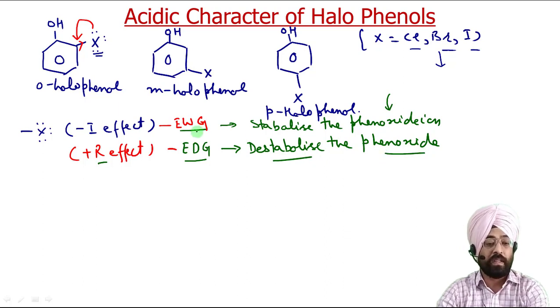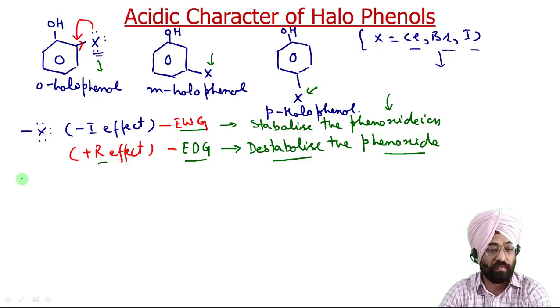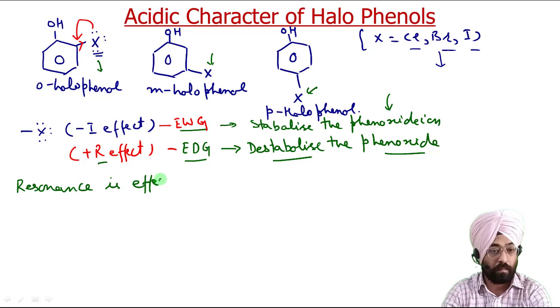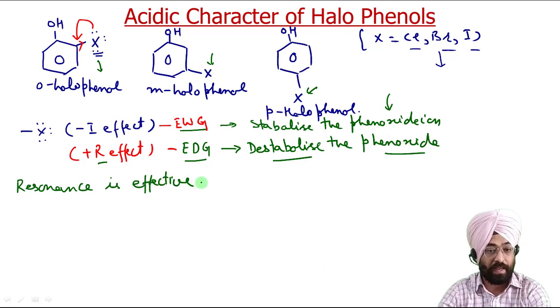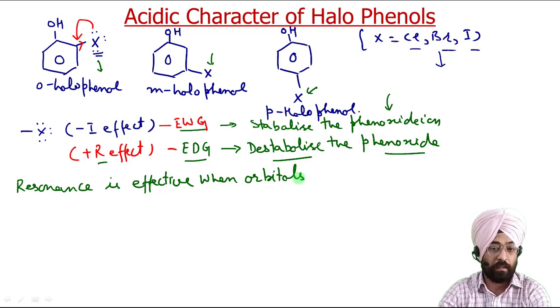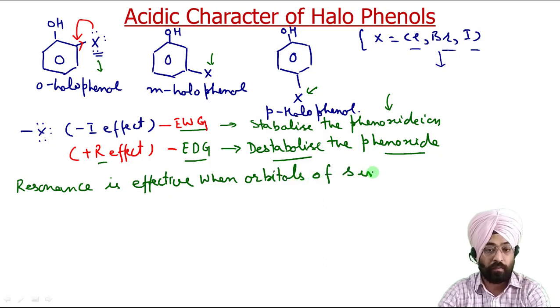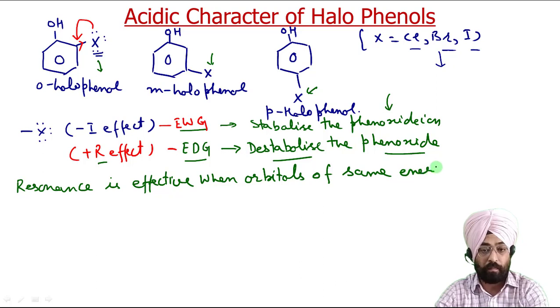Now we have to see, out of these inductive and resonance effects, which effect is dominating. This is very important: resonance is effective when orbitals of the same energy are involved.